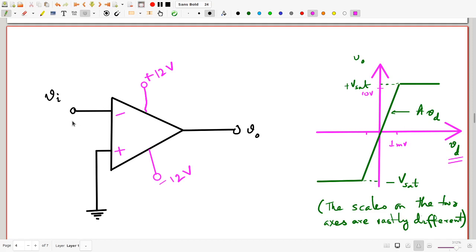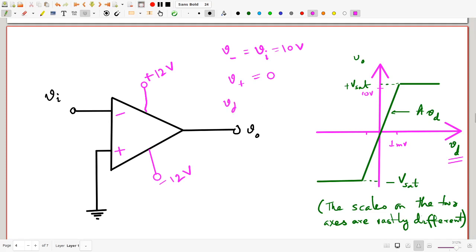So here, let's say I have Vi of 10 volts. That means V minus, that's Vi, is 10 volts. V plus, remember, is always 0, because the positive input, or the non-inverting input, which is its formal name, is grounded.